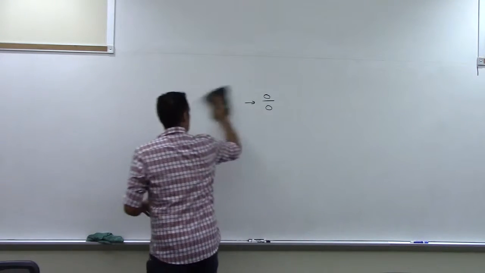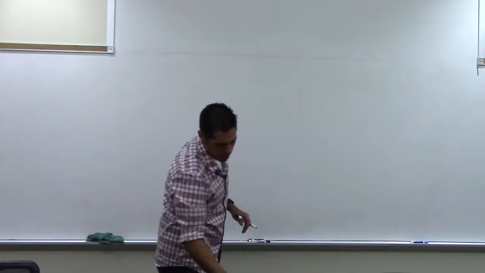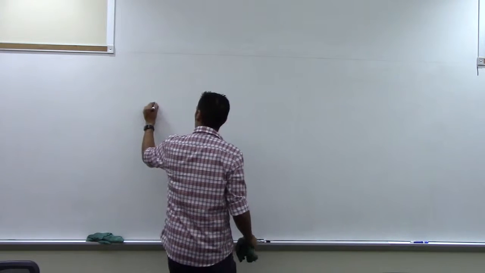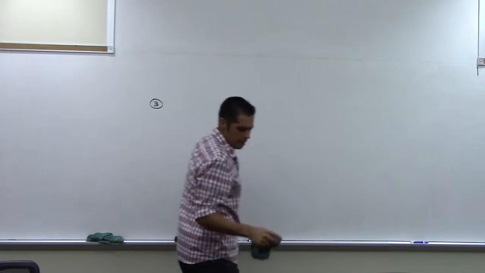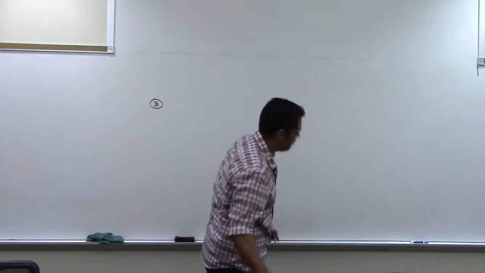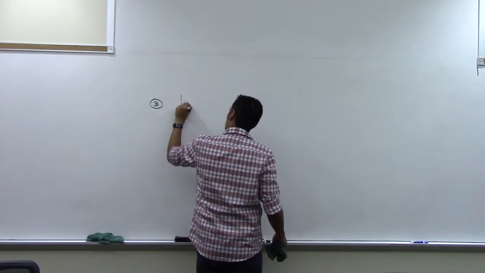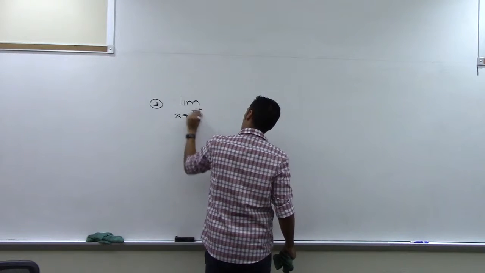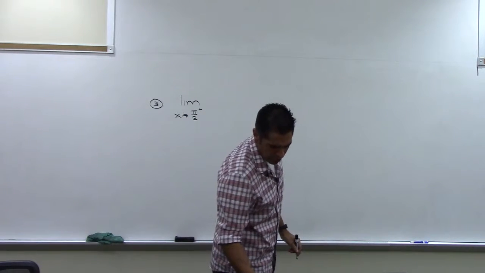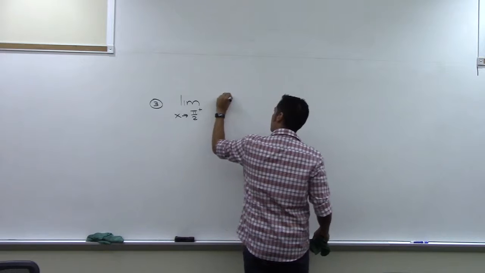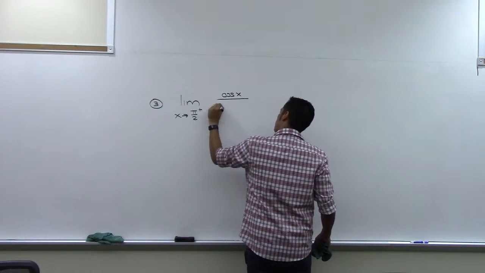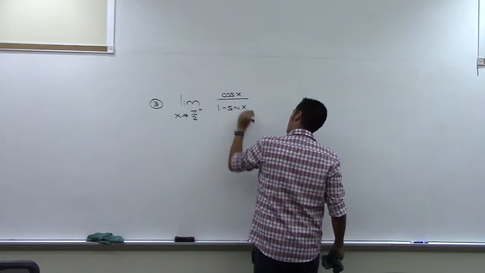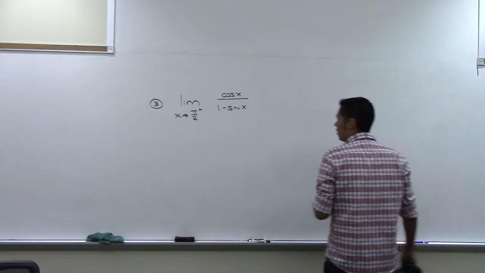All right, let's look at number 3. We have the limit as x goes to pi over 2 from the right of cosine x over 1 minus sine x. So let's take a look here.